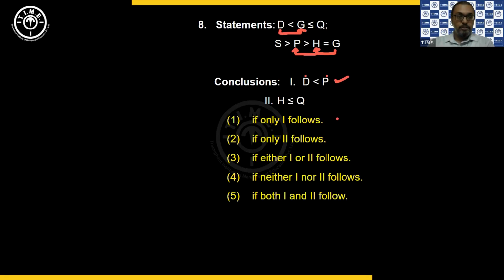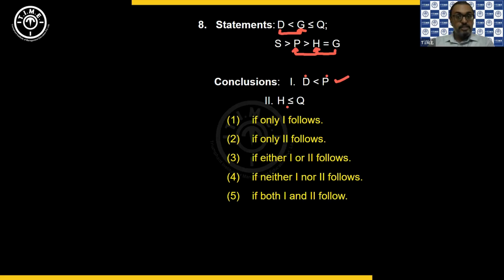So equal to will be equal to, and greater than becomes less than P. Equal to is simply for replacing. For the remaining, you have less than common. So I will get D less than P, which is a perfect match. So 1 follows.